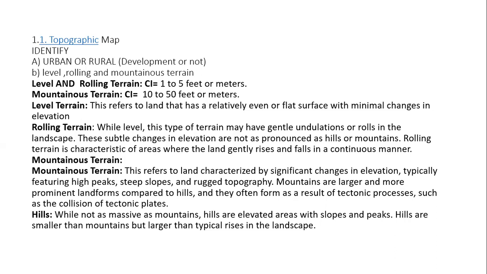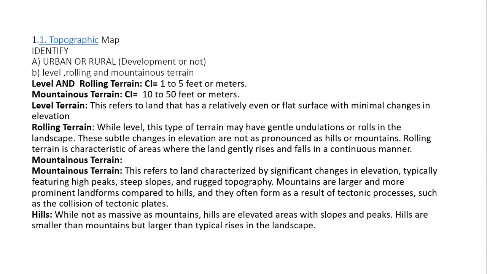Because if it contains information about a developed area, obviously we will be talking about designing or setting standards for urban highways. And for rural highways, we'll be setting standards accordingly. So it's very important. How to identify? In a couple of seconds, you will know. The other thing that is also related is your terrain condition.